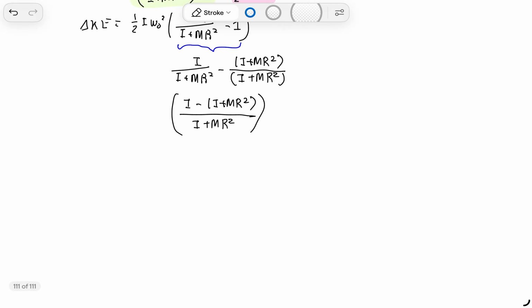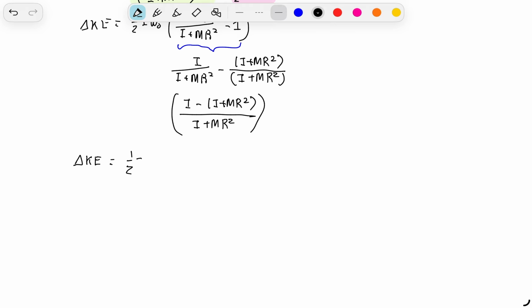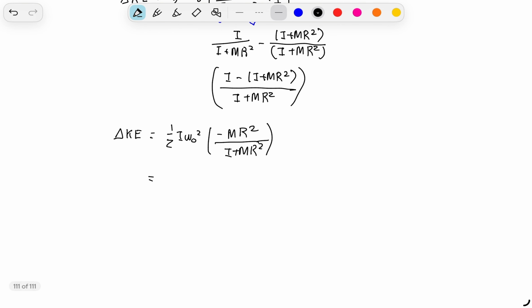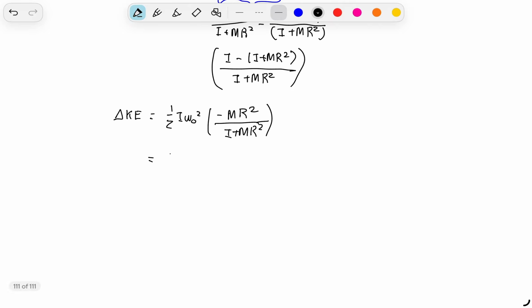So then your final expression for delta K is negative 1/2 I omega initial squared times m r squared over (I plus m r squared). One more thing we could do is just combine this into one fraction or make it visually easier to look at.